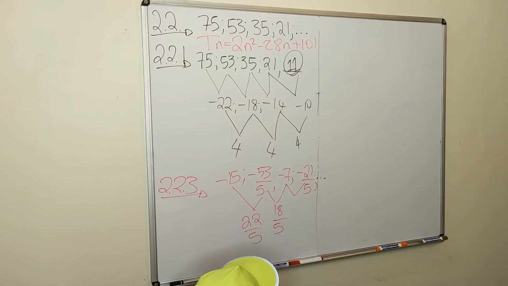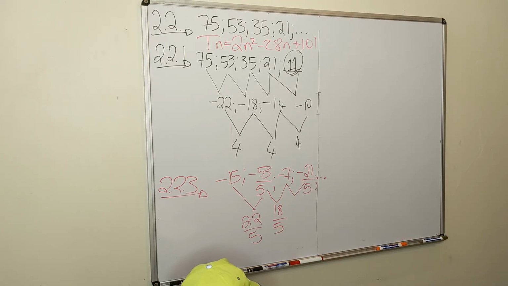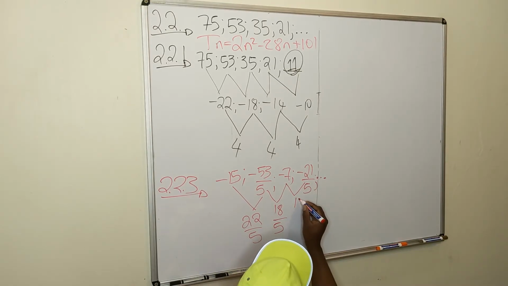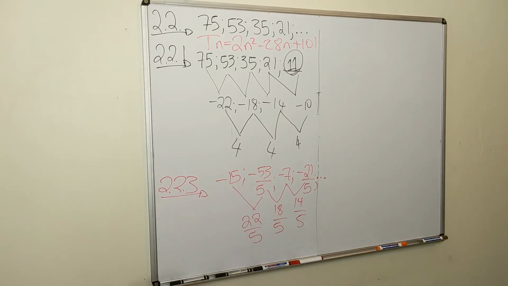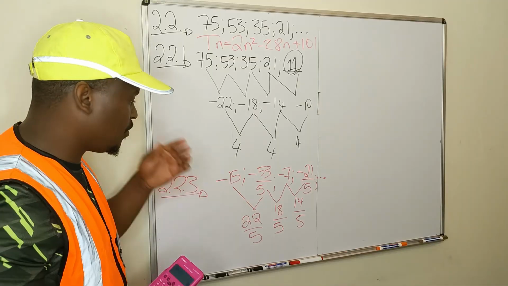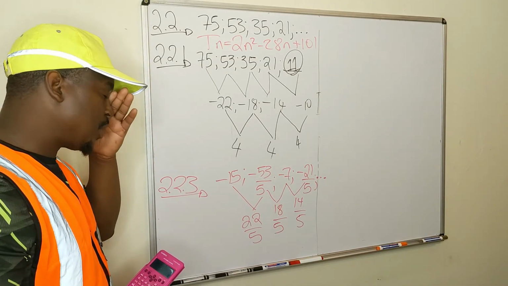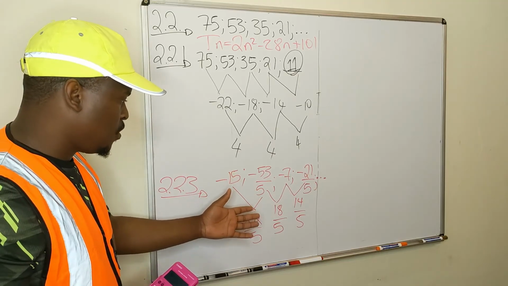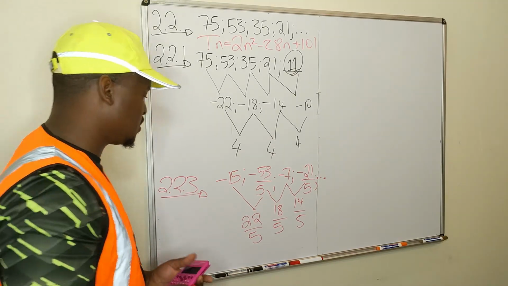And then minus 21 over 5, minus negative 7. So it's 14 over 5. So they want you to find the maximum term of this pattern. We still haven't recognized what pattern this is.